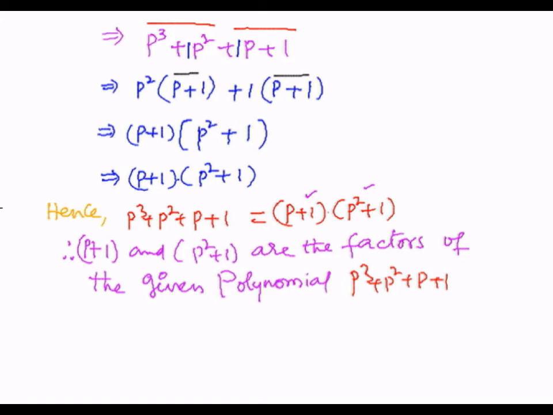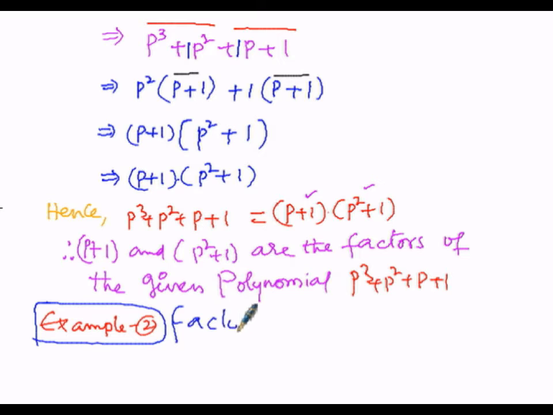Similarly, let us go for one more example, that is example number 2. In our example number 2, we are going to factorize 2x square plus 7xy square minus 8xy minus 28y square.